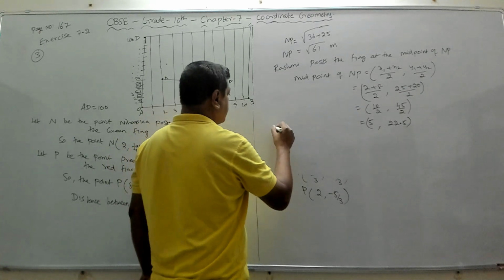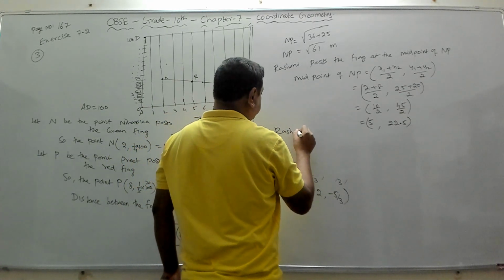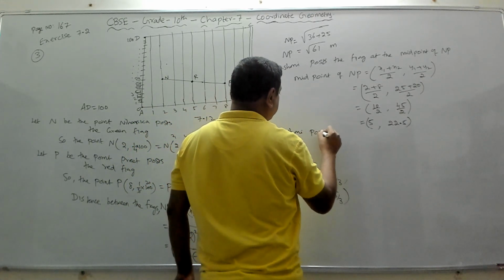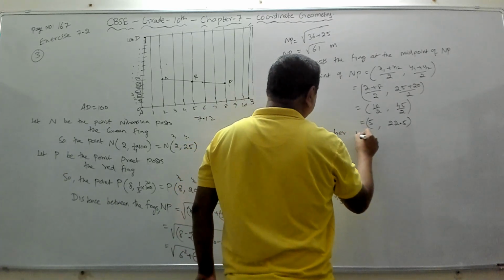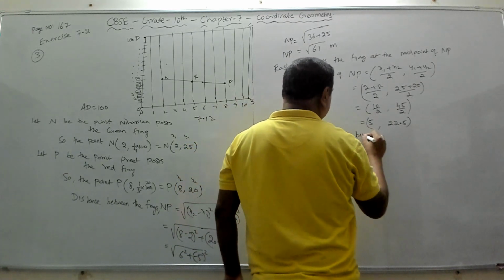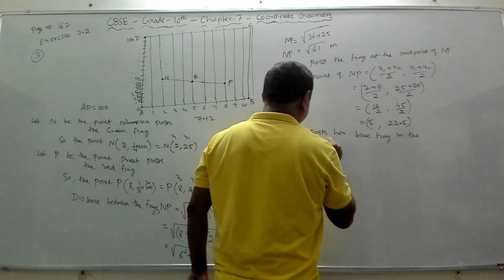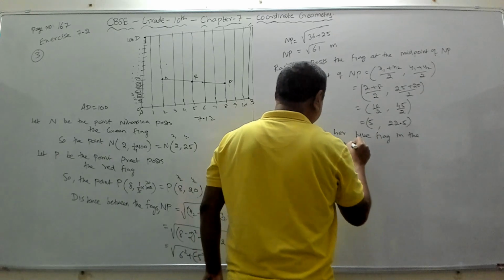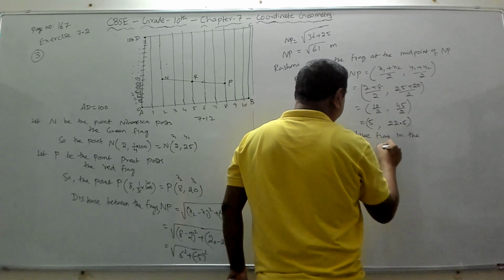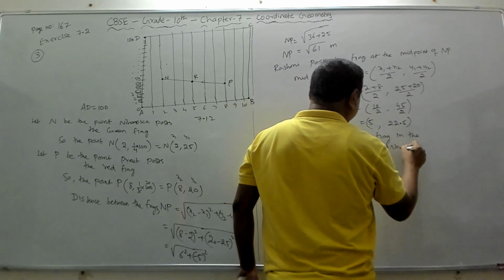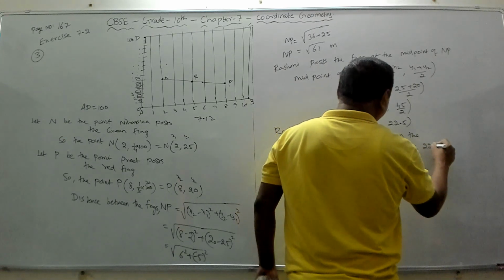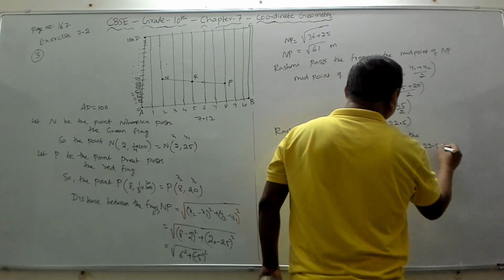So we'll say Rashmi posts her blue flag in the fifth lane, at a distance of 22.5 meters along ED.